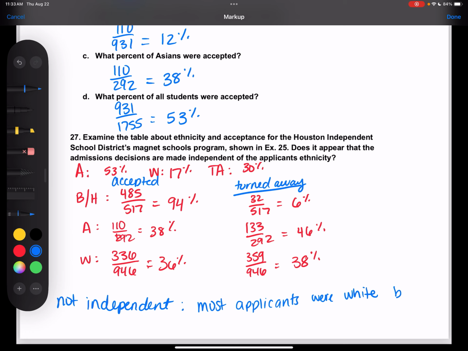But who had the highest acceptance rate? This column. Black and Hispanic. Yep. The highest acceptance rate was Black or Hispanic.